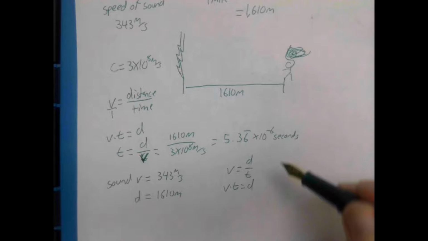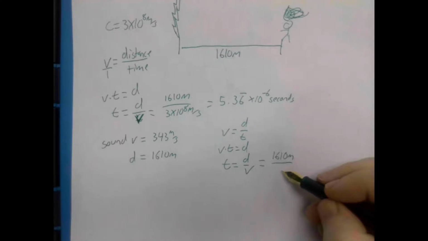So 1,610 meters, the velocity is 343 meters per second. So 4.6938 seconds.